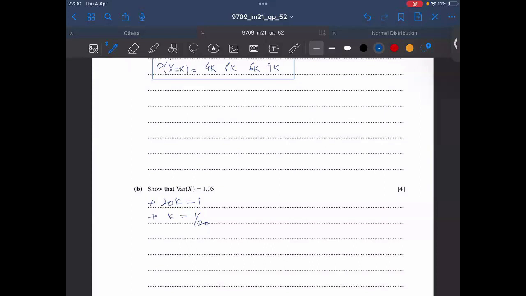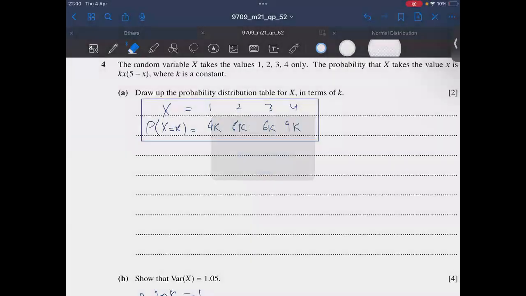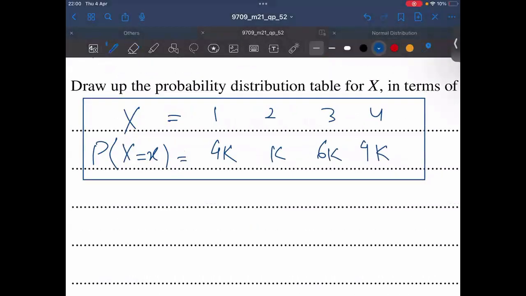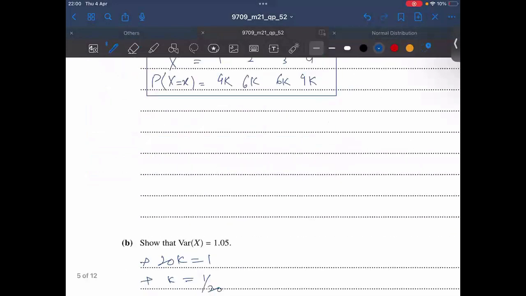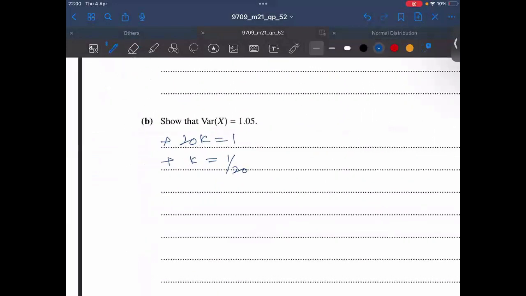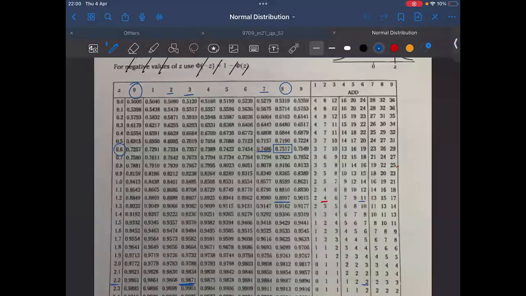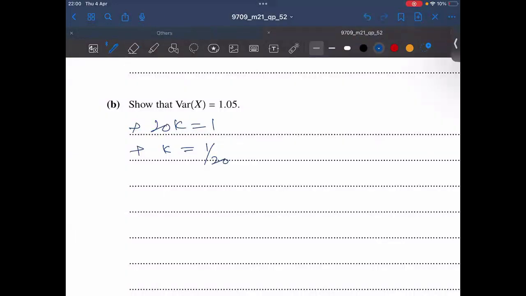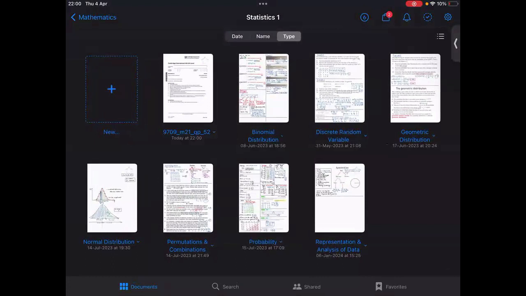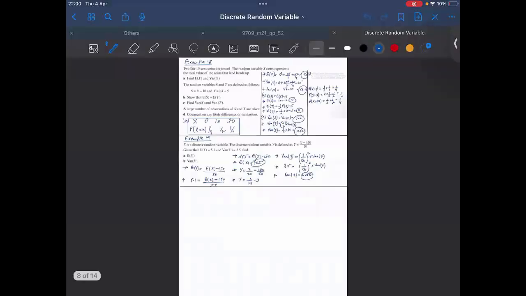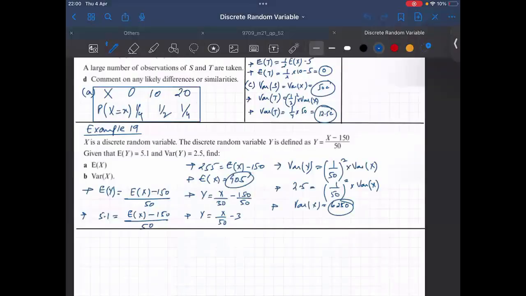What probability have you written for 2, is it 5k or 6k? No, 6k. Yusuf, what is the formula for variance of x? So mean square minus ex square. Let me show it to you. Here we go. How do we calculate variance?